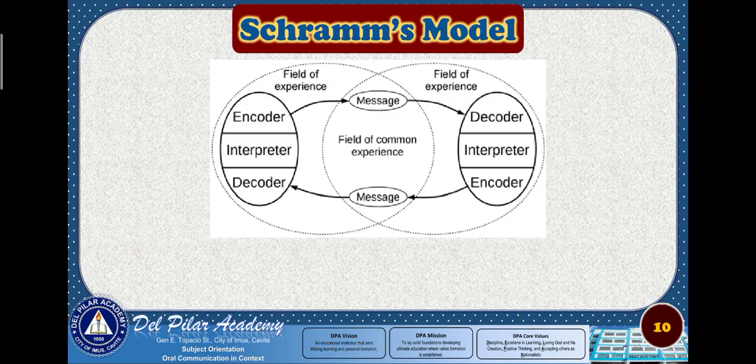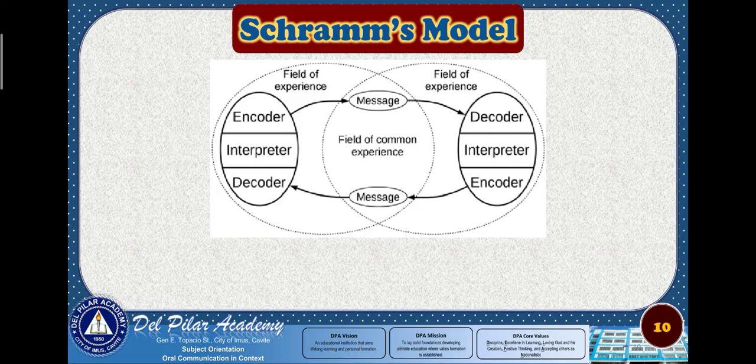In other words, it is everything a person has ever experienced or not experienced, done or not done. In fact, this is practically everything that has happened in his or her life. It is the field of experience that is used to interpret the message and create a response.